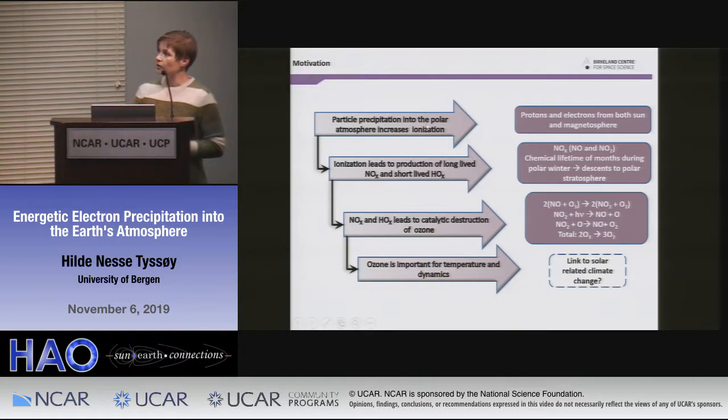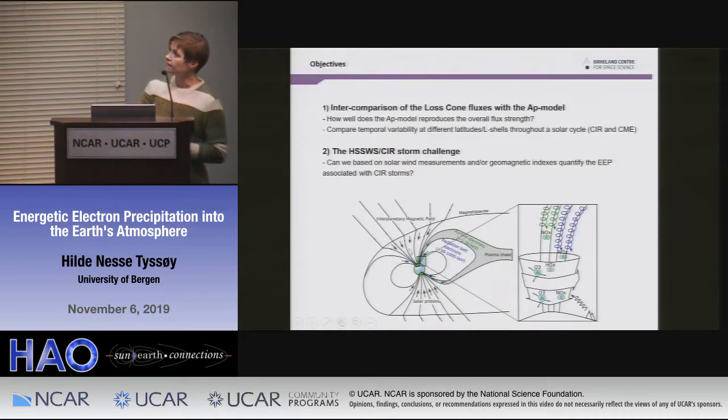And although I say it's speculated that there is a link that can be all the way to the surface, the physical mechanism has been kind of approved for in the sense that particle precipitation is now part of the Coupled Model Intercomparison Project, which we call the CMIP.